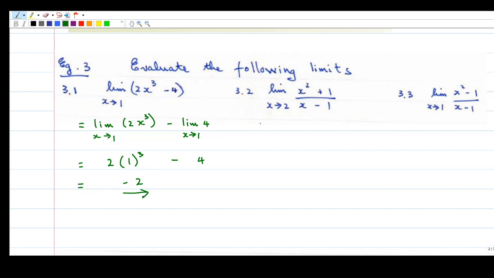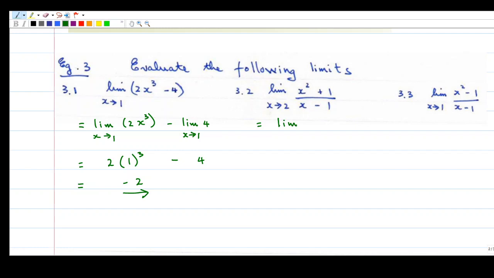Right, if we look at 3.2, the limit of x squared plus 1 all divided by x minus 1, and we're taking the limit as x approaches 2. You can see from that the denominator is not equal to 0 as x approaches 2. The denominator approaches 1. So for this we can use the fifth property above.